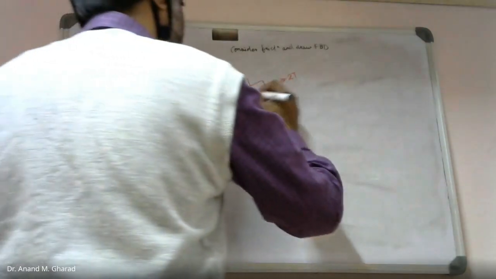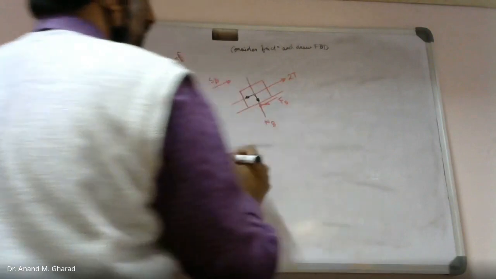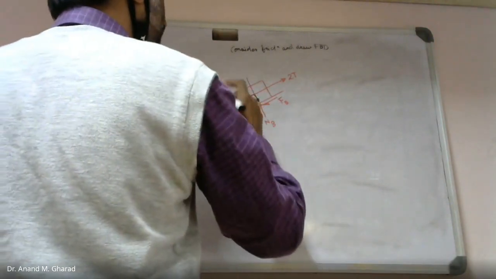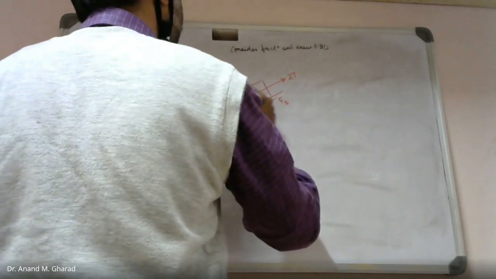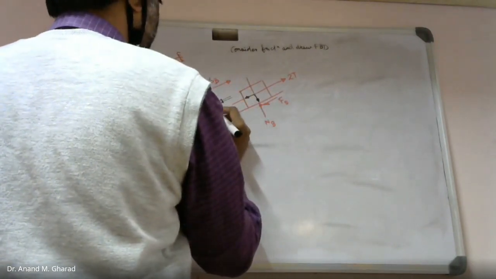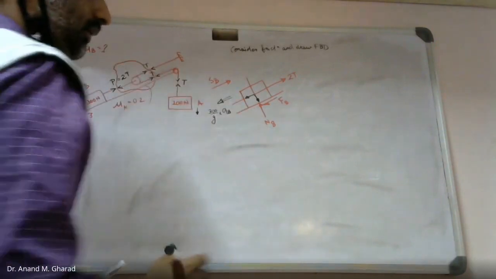Okay. Next is this thing. These components you can drop. And since it is moving in the upward direction, the inertia force will be in the opposite direction. So this is 300 by G into AB, right?